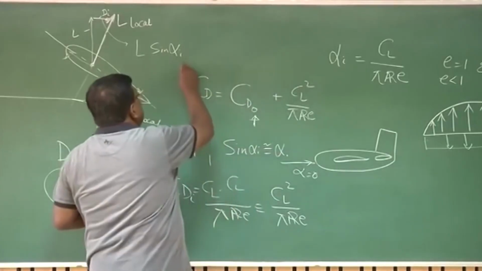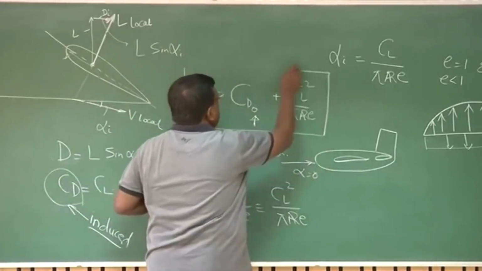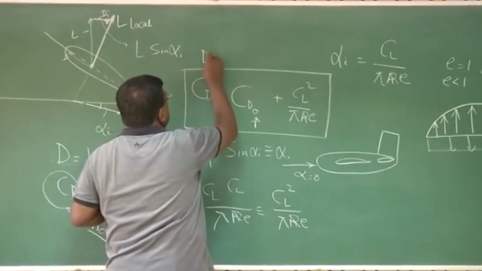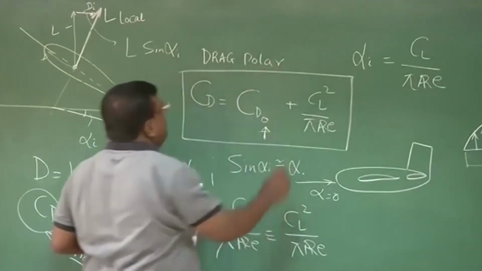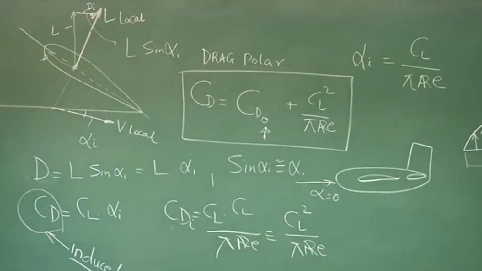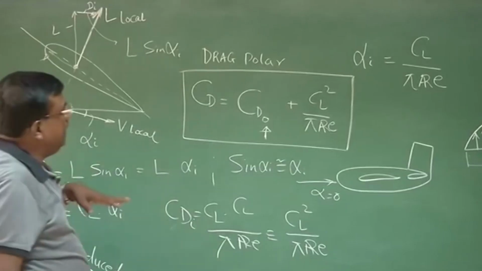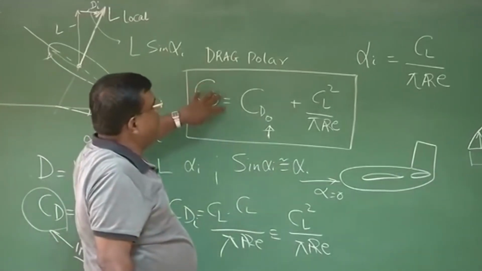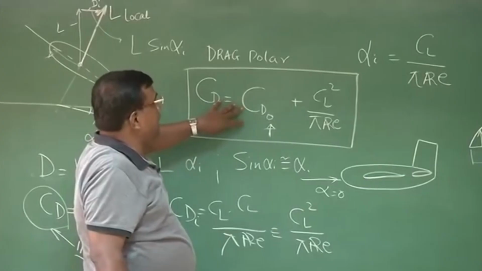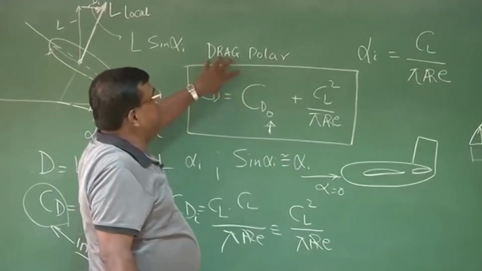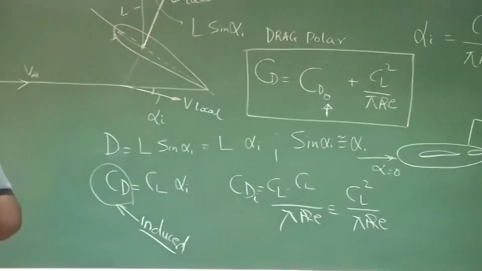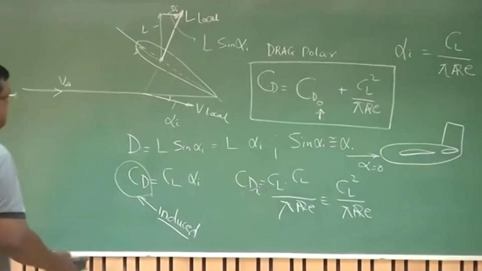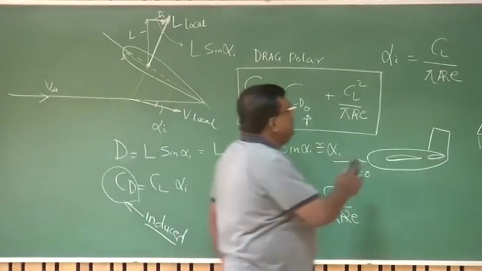This representation is known as the drag polar. Whenever you finalize the design and the aircraft is flight tested, this has to be estimated, and every aircraft is benchmarked with a given drag polar under different flight conditions, right?